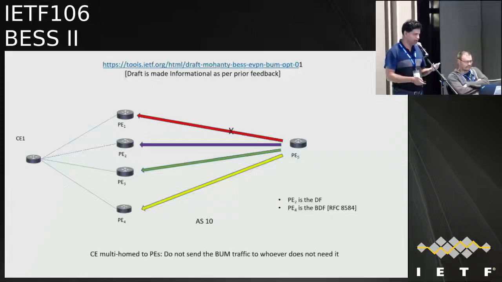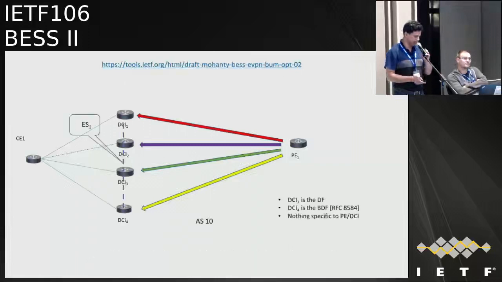So the main idea is you don't need to send multicast traffic to those who do not need it, right? So in this case, as I've shown here, this P2 and P4 are the designated forwarder and the non-designated forwarder, and for the others, P1 and P3, assuming the conditions that I showed in the previous slide hold, then we don't need to give them the multicast traffic. So that's what I've shown.